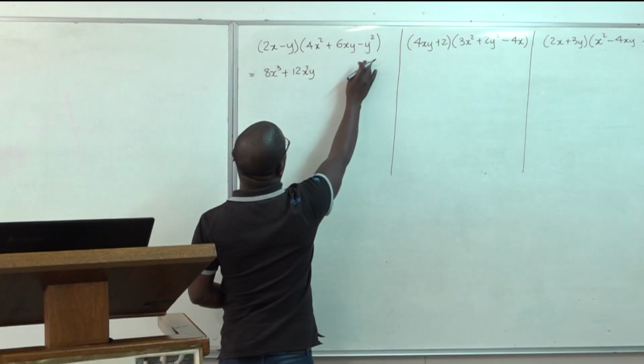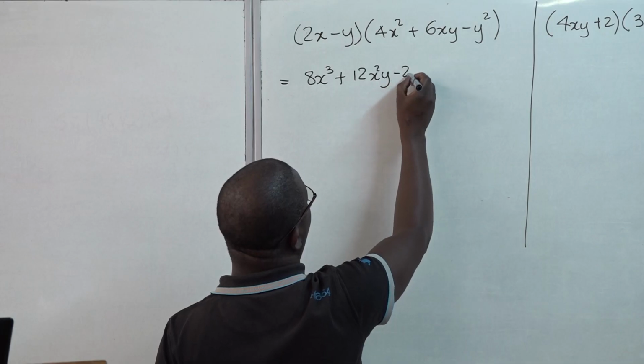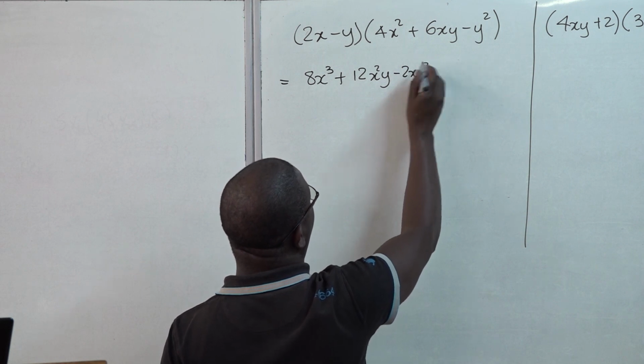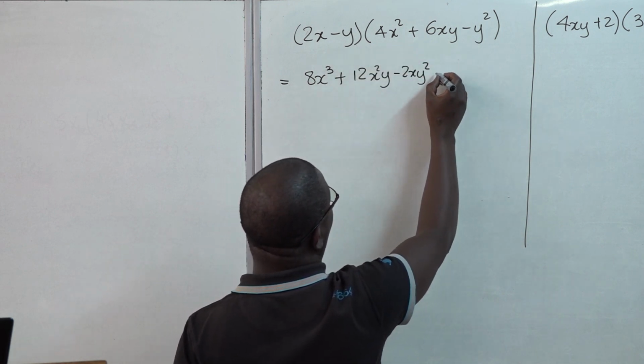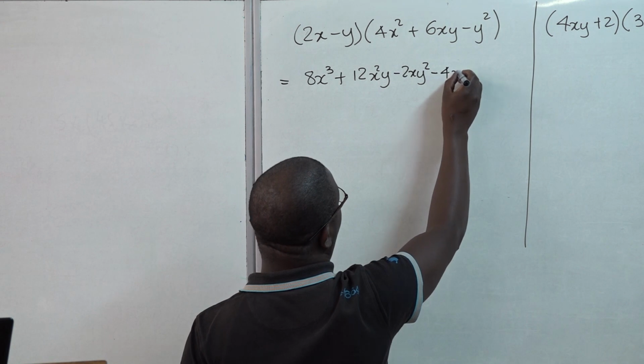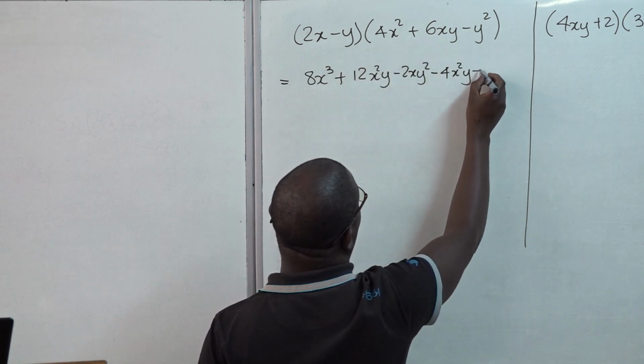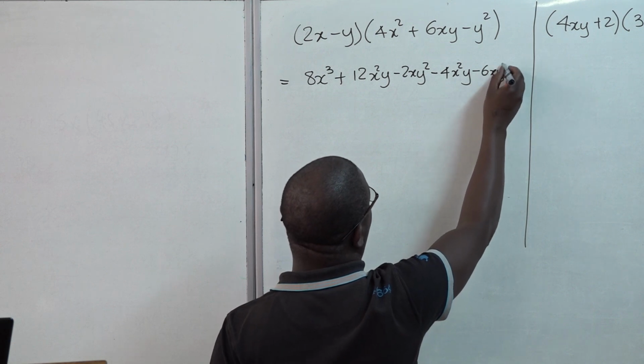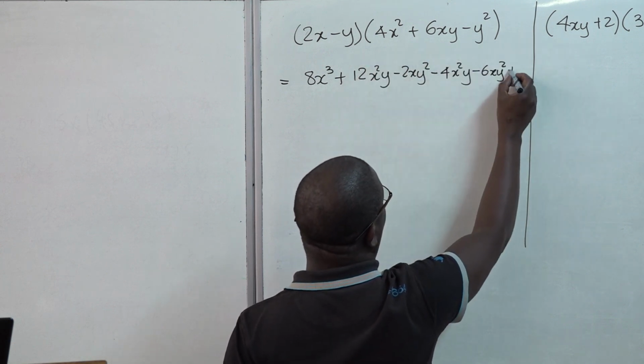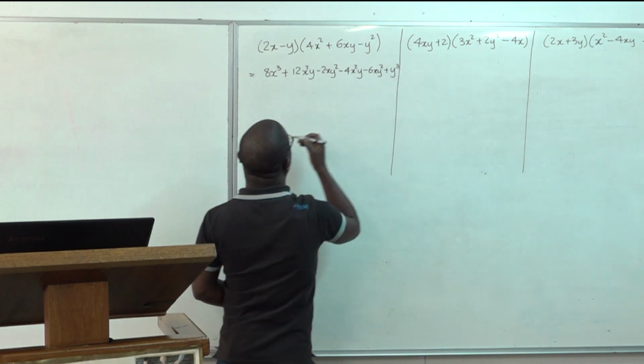And then that times that gives us minus 2xy squared. We move on to the y. It becomes minus 4x squared y, negative and positive, it becomes negative 6xy squared, and then plus y cubed.